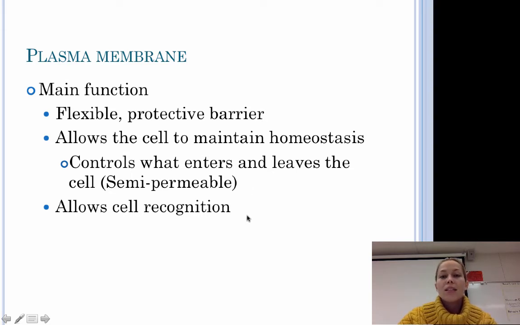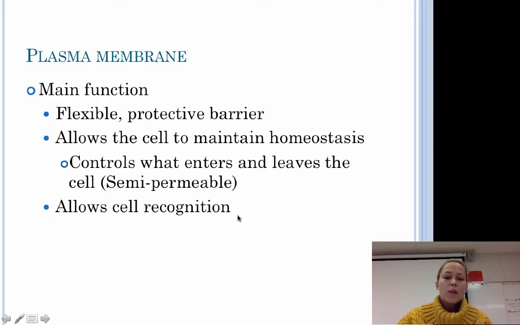What this means is that the cells in your body have these markers on them. That's what the carbohydrate chains are on the surface of the cell. Your cells have these surface markers that allow your immune system to recognize the cells in your body as being part of you and not something that is foreign, maybe like a bacteria or a virus particle.